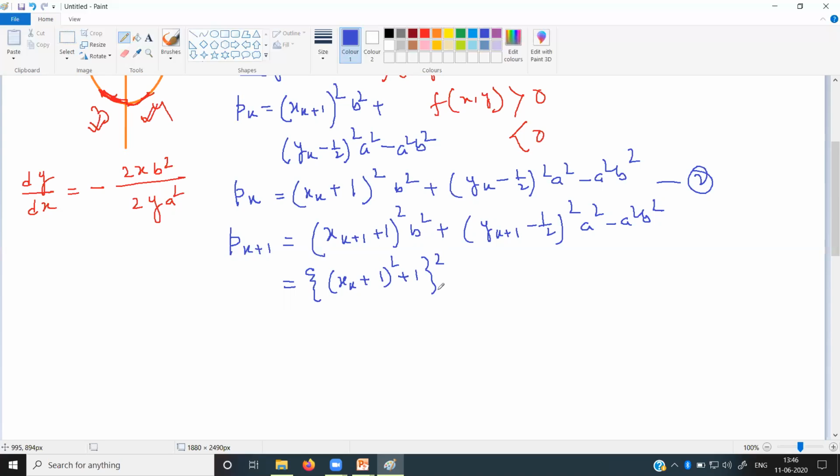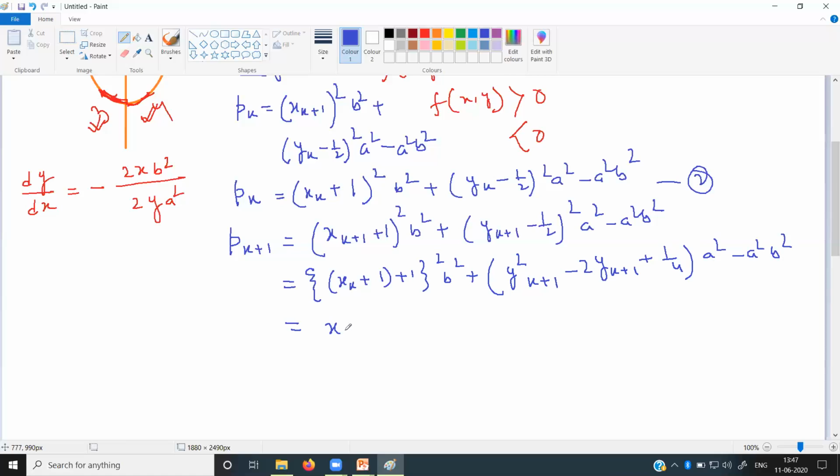Sorry, I just made a mistake, it will not be whole square. K plus 1 will be replaced by x of k plus 1, then plus 1, and this entire whole square, then b square plus this parameter can be expanded like this one, minus 2 of y of k plus 1 plus 1 by 4, a square, minus a square b square.